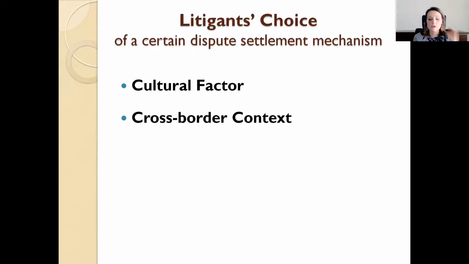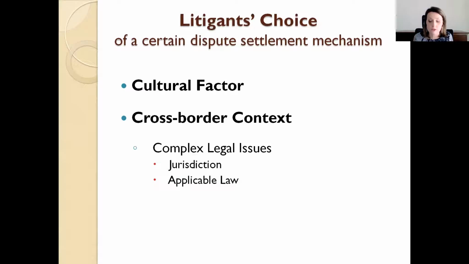If in-court proceedings are elected as the mechanism for solving the cross-border dispute, litigants, namely their lawyers, must deal with some highly complex legal issues, like, for example, the jurisdictional issue, that is, to answer the question of which court has jurisdiction over the case. Or litigants must deal with the applicable law issue, that is, to answer the question of which law will apply to the merits of the case.